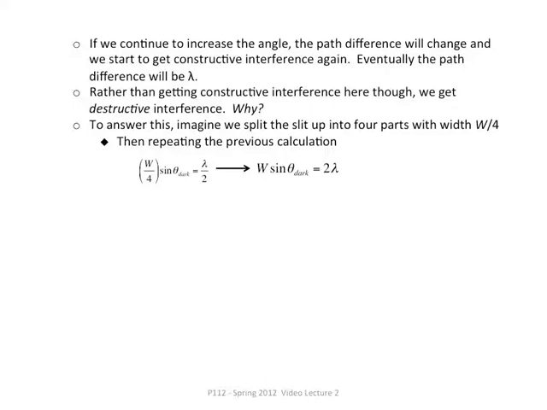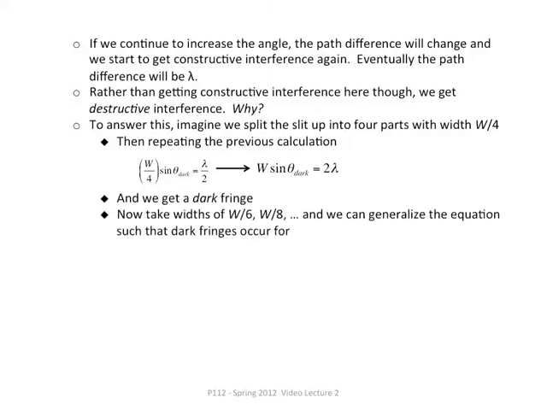But now we look at it as 4 slits, and we see that if we split it up into 4 slits, then when the original path difference between those two is lambda, there's another set for each of those waves, another set of waves that give us a path difference of lambda over 2. So we've really just, as I said, split up this slit into 4 parts rather than 2 parts, and we get a dark fringe.